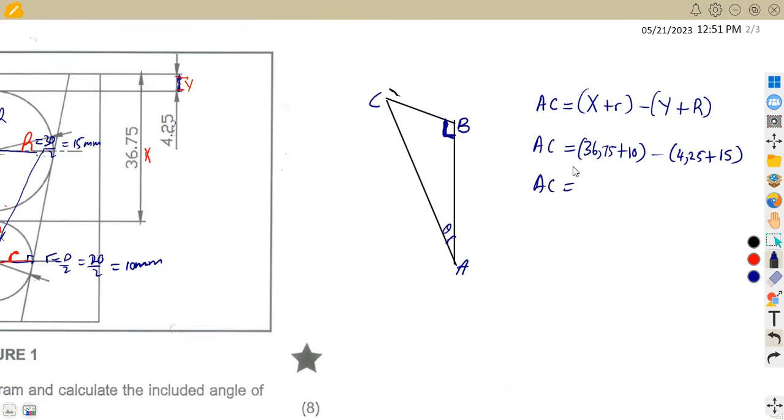From this part, we obtain 46.75 minus 19.25, so we obtain our AC as 27.5 millimeters in this case. Like I said, our AC here is 27.5 millimeters. Then also we can calculate B to C.